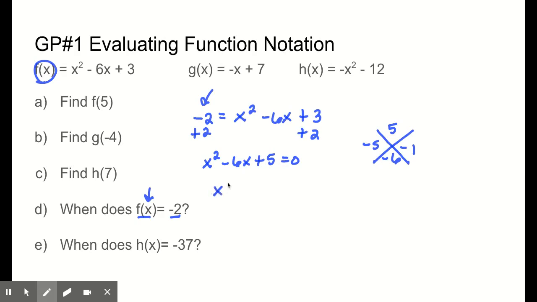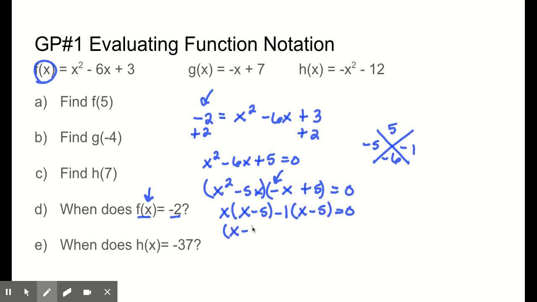So it'll be x squared minus 5x minus 1x, or just x, plus 5 is equal to 0. Factor out the x from the first group, that leaves us with x minus 5. Factor out the negative and just a 1 from the second group, and that leaves us with x minus 5.